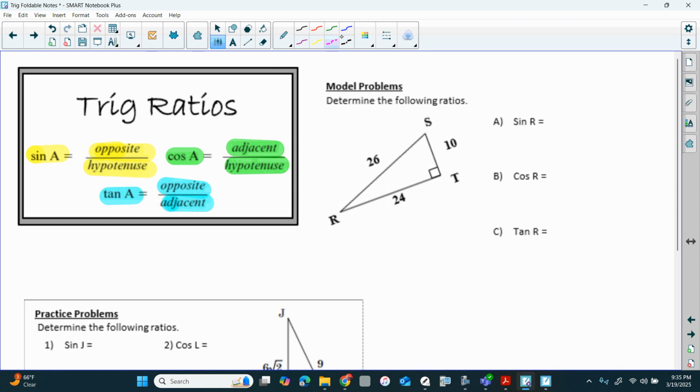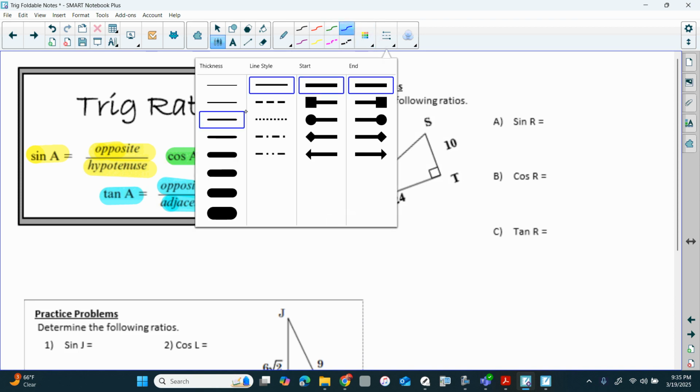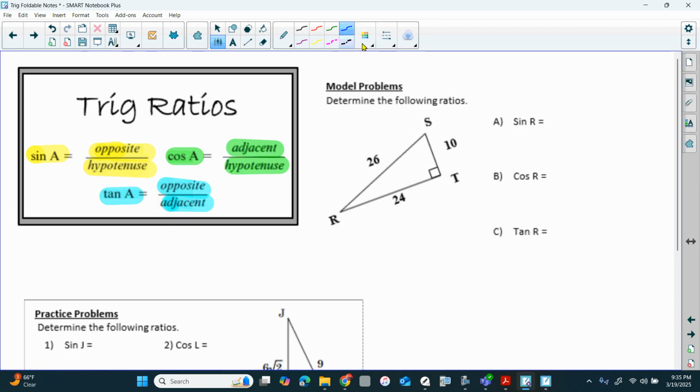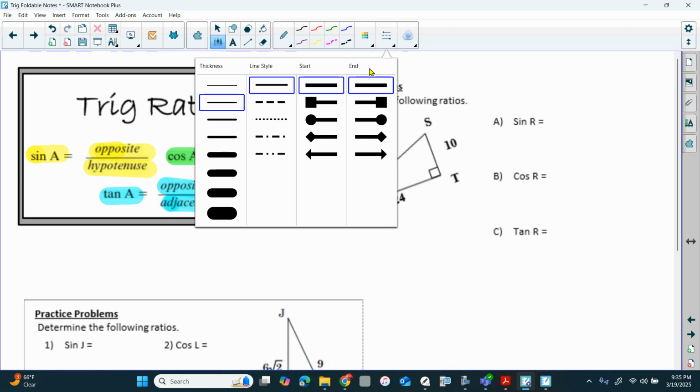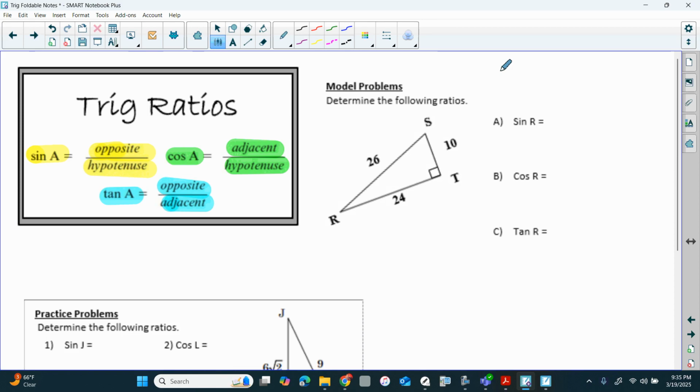We're going to make sure we reduce that. So in these examples here, we're doing the sine, the trig ratio for angle R. Sine of R, cosine of R. So in previous examples, I said circle your reference angle, and then you want to label the parts.